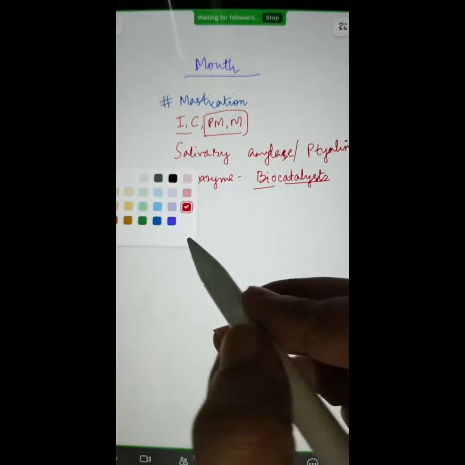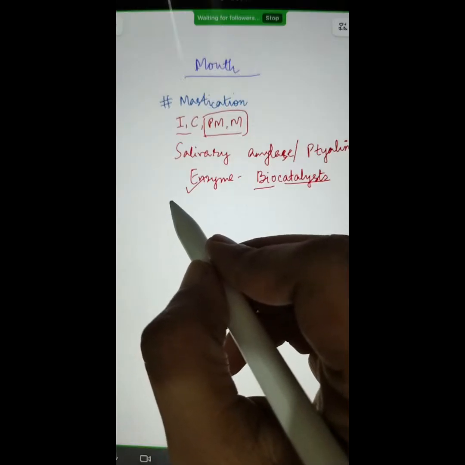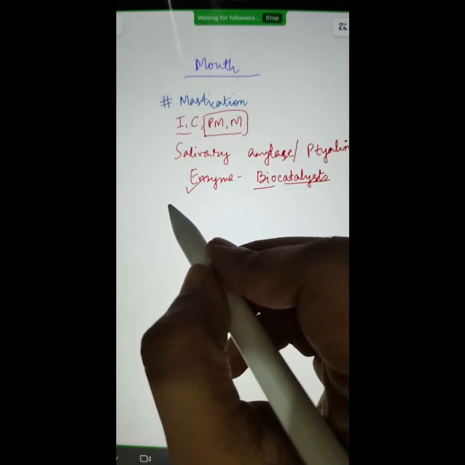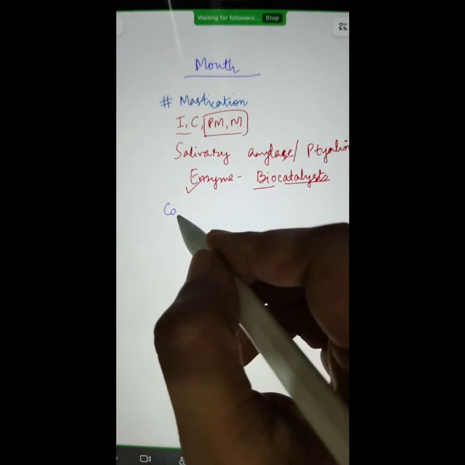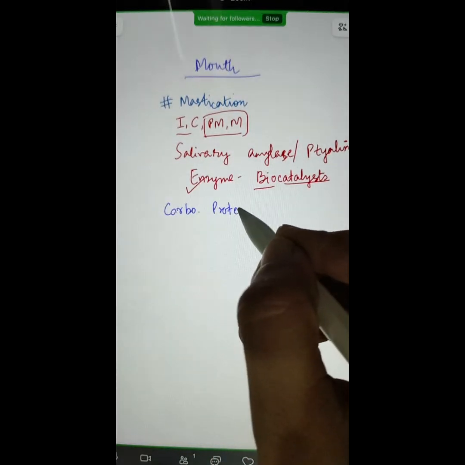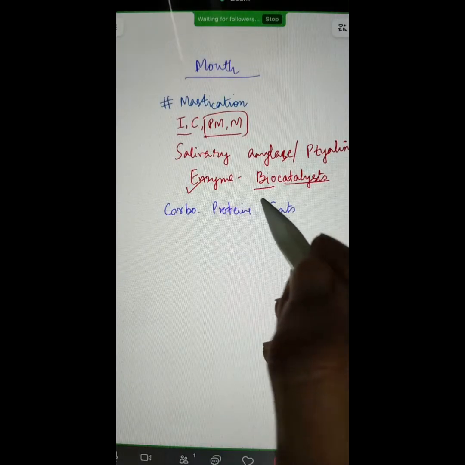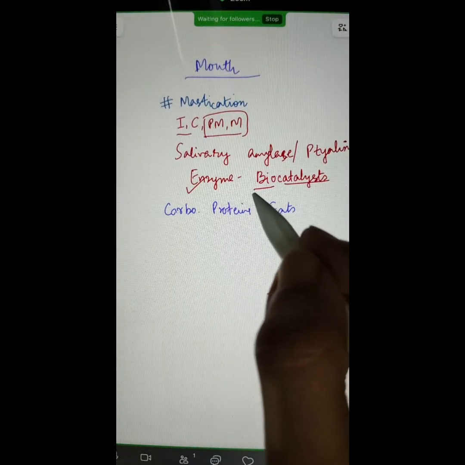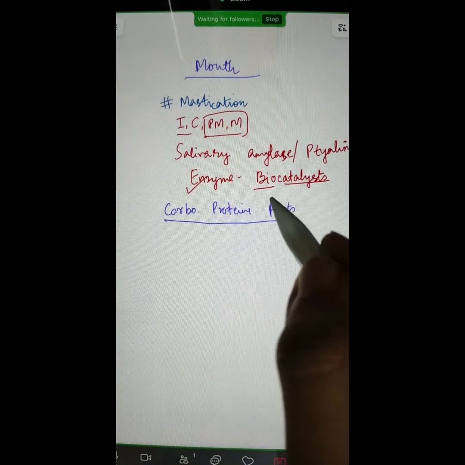Whatever food we eat, in this part we will study the digestion of carbohydrates, proteins, and fats. As you take a bite, you are taking all the things together: carbohydrates, proteins, and fats.